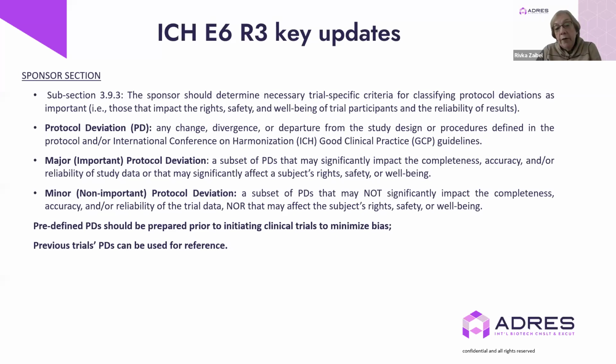And we will have some additional examples in a minute. Minor, not important protocol deviations are a subset of PDs that may not significantly impact the completeness, accuracy, and/or reliability of the trial data, nor affect the subject's rights, safety, or well-being.